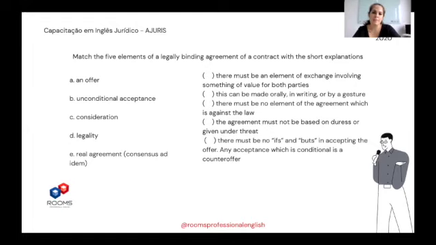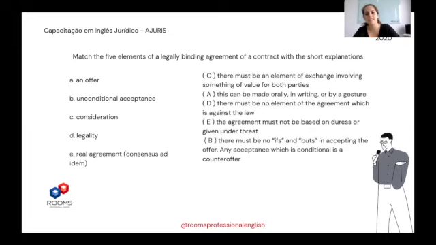Then the agreement must not be based on duress or given under threat. So here we have a real agreement. And the last explanation is that there must be no ifs and buts in accepting the offer. And any acceptance which is conditional is a counter offer.